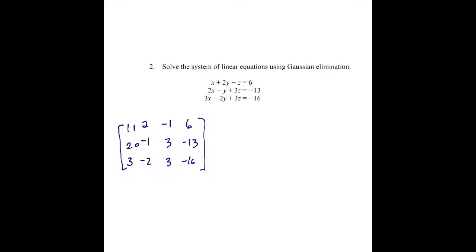That's the order. So we already have a 1 right there, so that number and that number there need to be zeros.